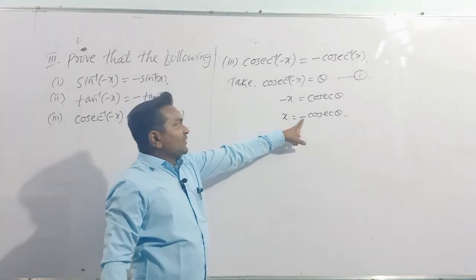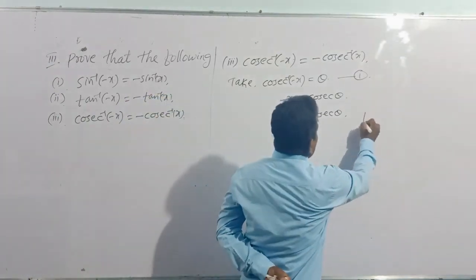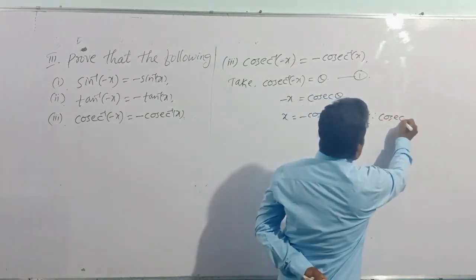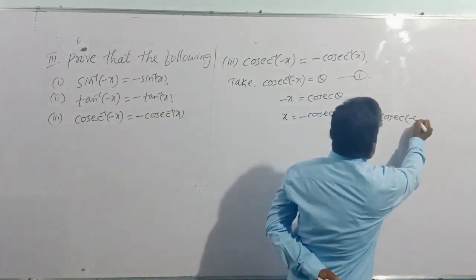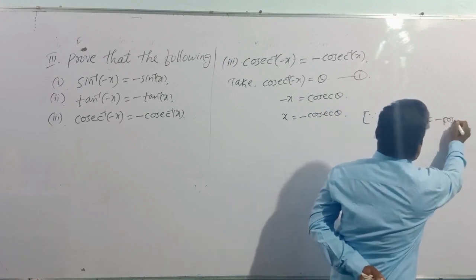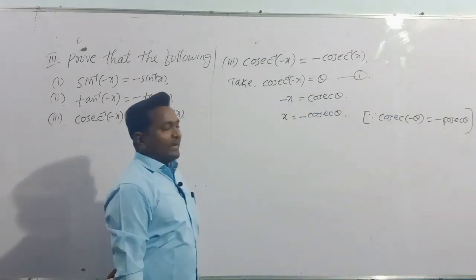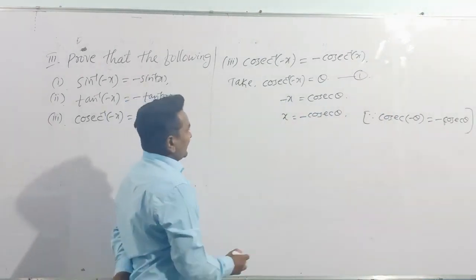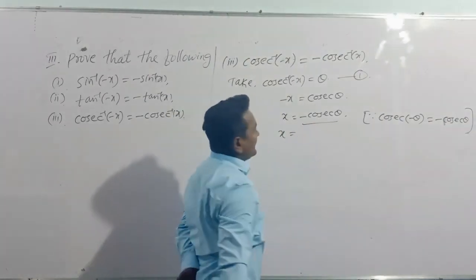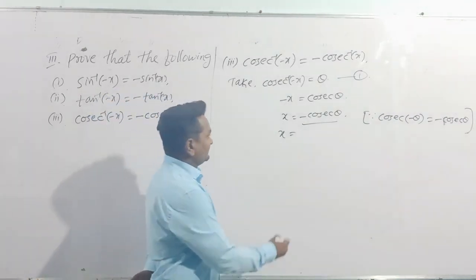You have to cancel out this negative sign, because cosec of minus theta equals minus cosec theta. Then x equals, in place of minus cosec theta, we put cosec of minus theta.